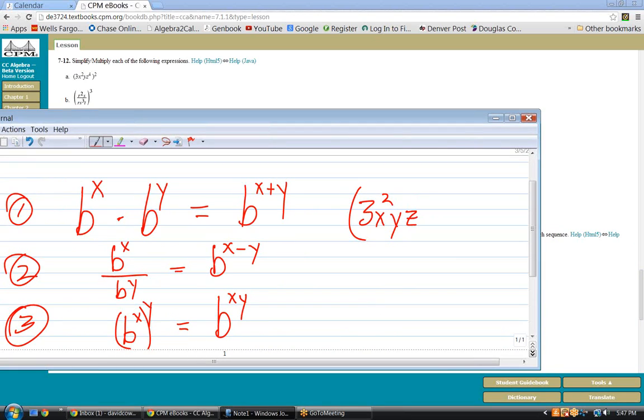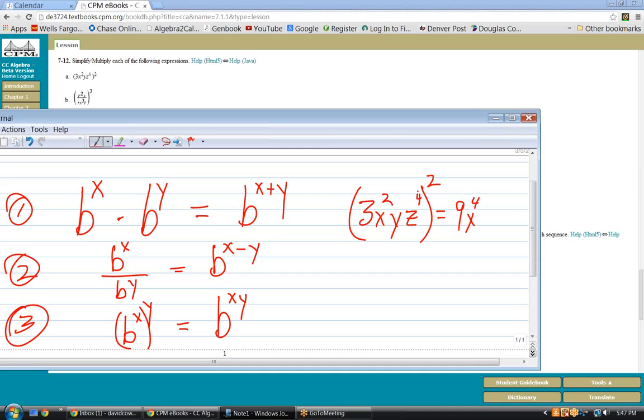Now, because everything is in the parentheses, everything is going to get acted upon by this top exponent too. So you basically have to square everything inside here, term by term. So what is 3 squared? 9. What is x squared squared? Is it x to the 4th? Yeah, because of rule 3.